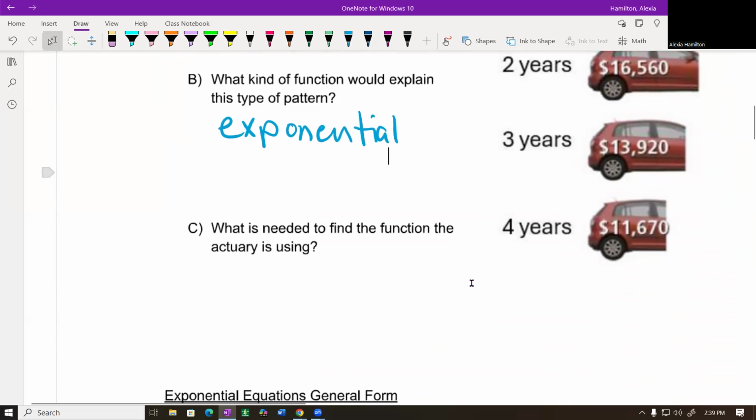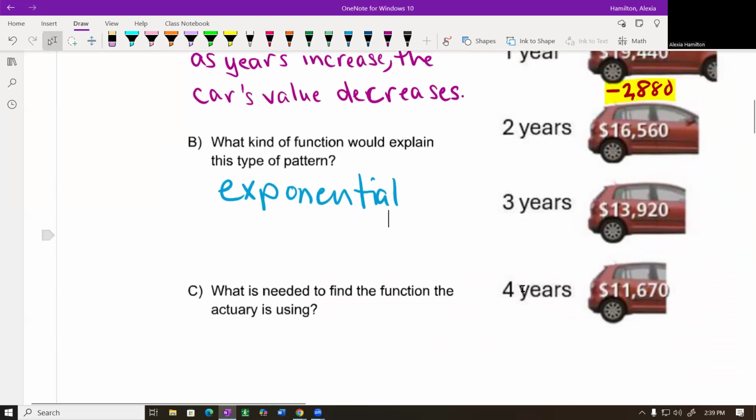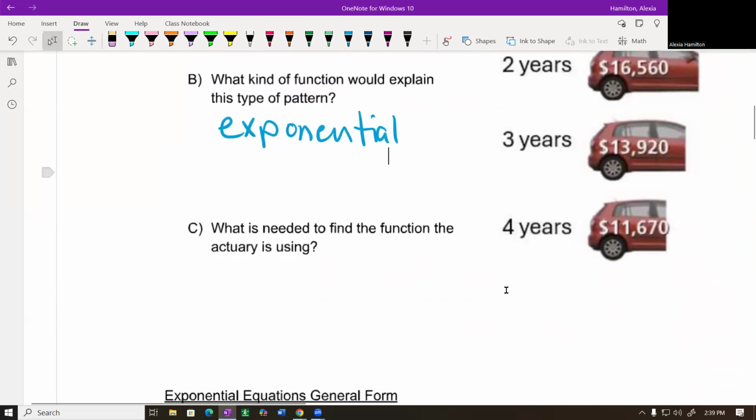And then what is needed to find the function the actuary is using? Well, we need to know the rate, or the ratio, not the rate.